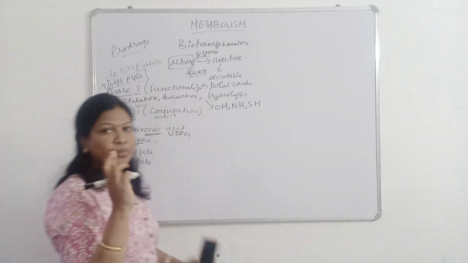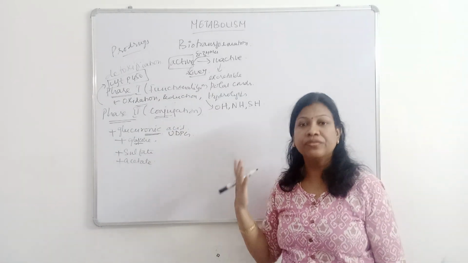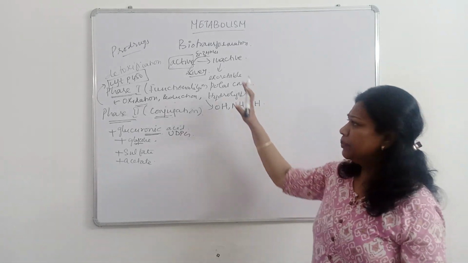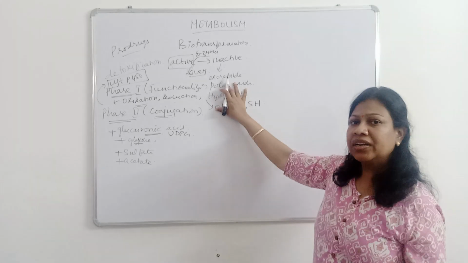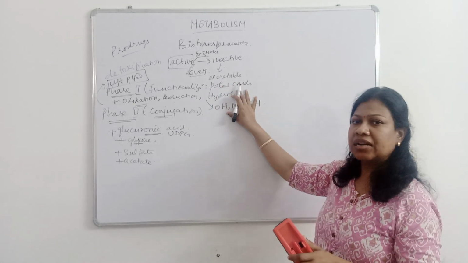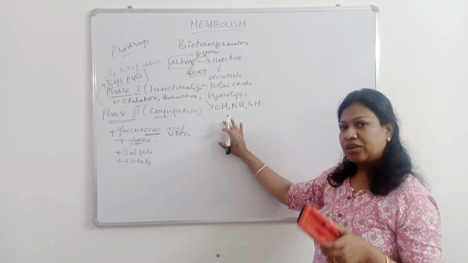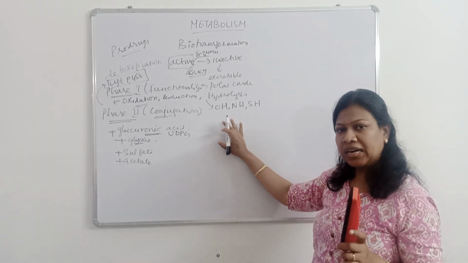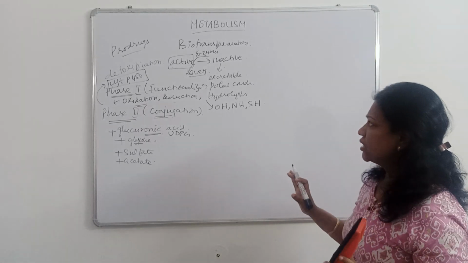So these are the two pathways of metabolism of drugs. Either the drug is metabolized by the phase 1 pathway or the phase 2 pathway. Phase 1 includes oxidation, reduction and hydrolysis, and phase 2 includes mainly conjugation, that is glucuronic acid conjugation, glycine conjugation, or acetate or sulfate conjugation.